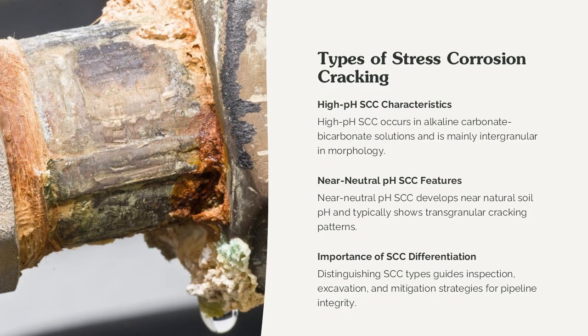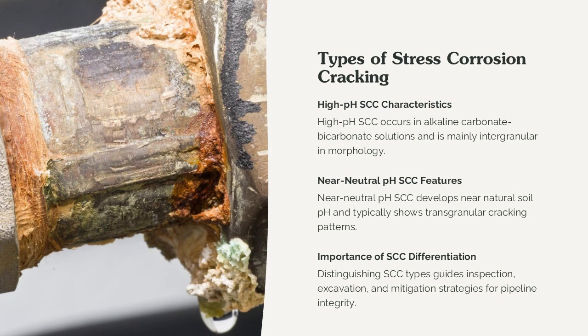Stress corrosion cracking in pipelines is commonly categorized into high pH SCC and near neutral pH SCC, each with distinct environmental and morphological characteristics. High pH SCC typically occurs in alkaline environments associated with concentrated carbonate-bicarbonate solutions and often presents as intergranular cracking.